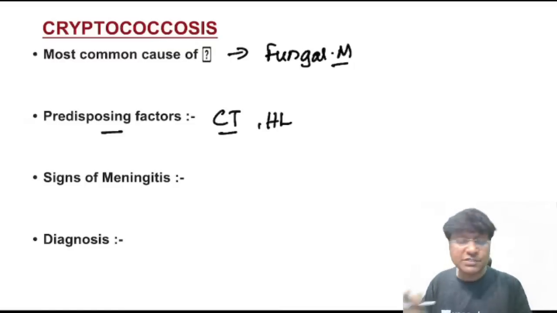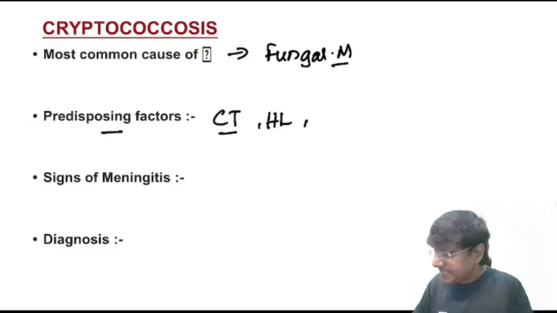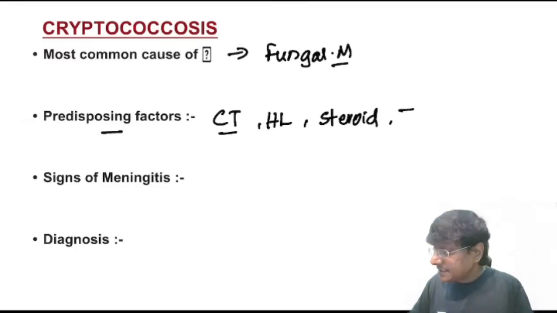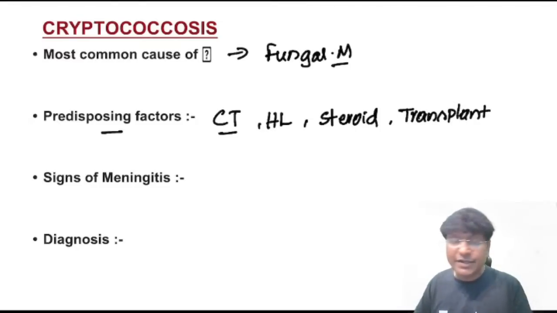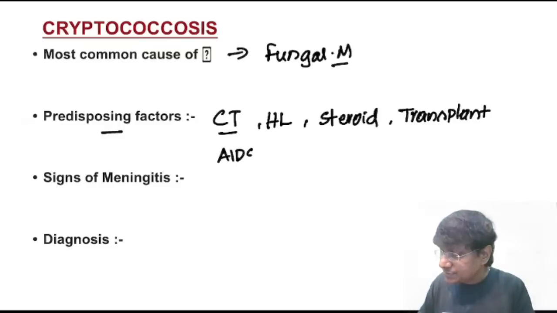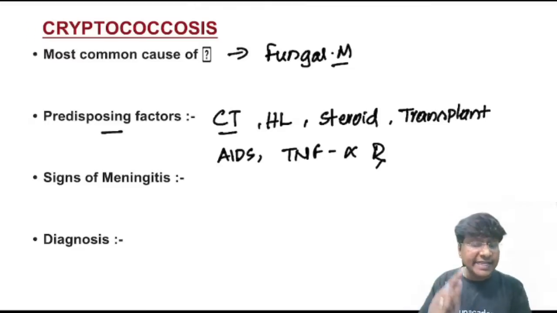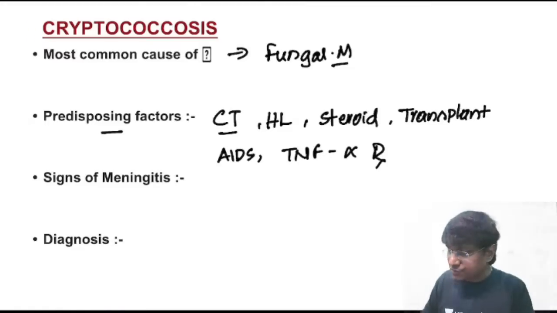Next, Hodgkin's lymphoma. The other important risk factors are steroid therapy and transplant recipients, because they will be on immunosuppressant drugs, and HIV infected individuals, and those on TNF alpha inhibitor therapy. These are the predisposing factors for the development of cryptococcosis, right?